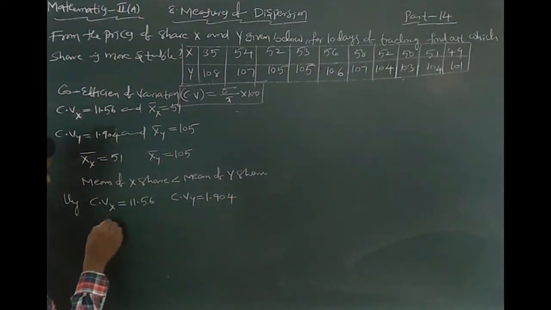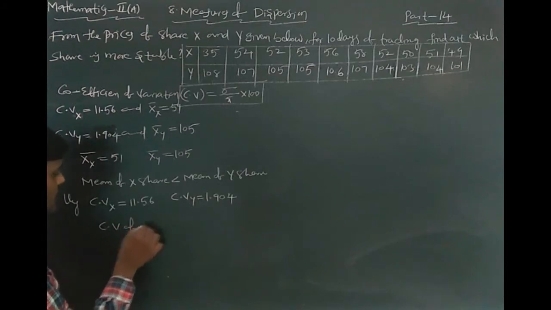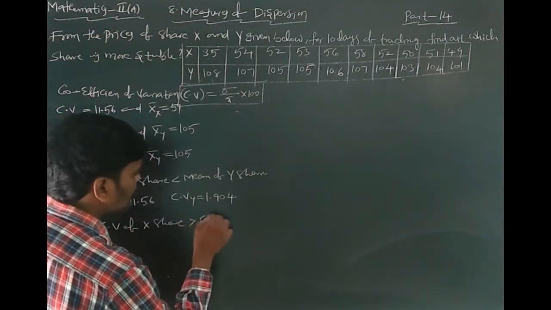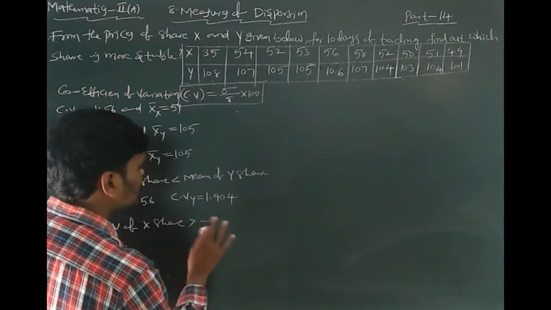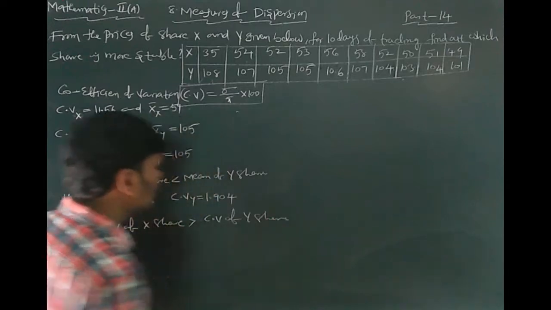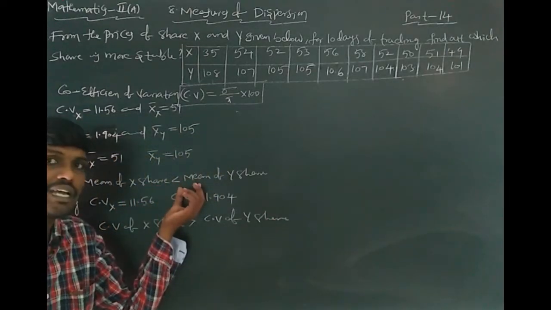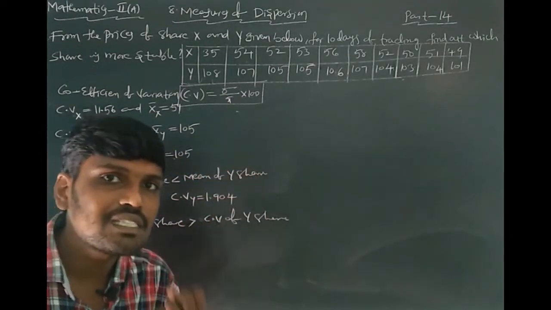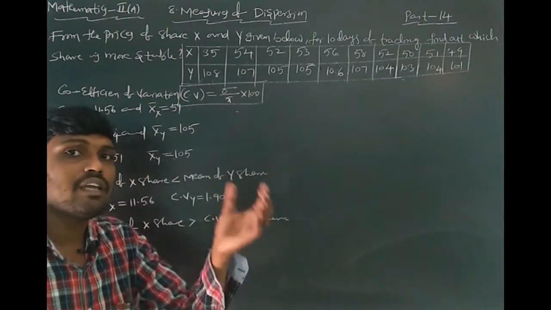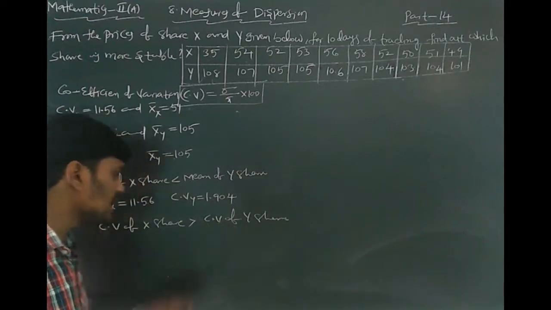The coefficient of variation of x share is greater than that of y share. Among these two shares, the mean of y share is greater, and the coefficient of variation of y share is lesser.